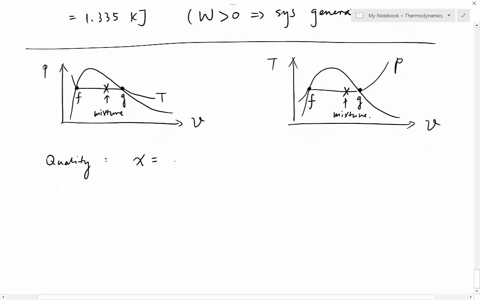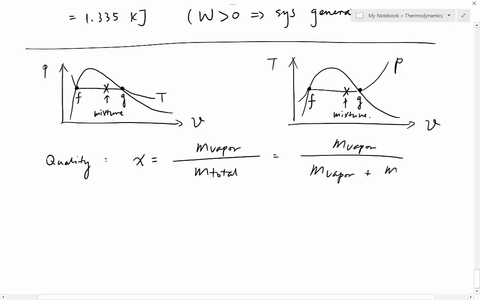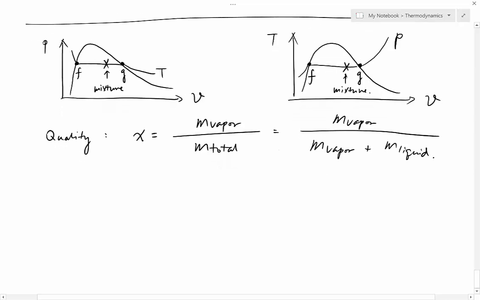The definition is mass of the vapor divided by total mass. Total mass is mass of the vapor plus mass of the liquid. It's the percentage of vapor out of the whole mixture in terms of mass.